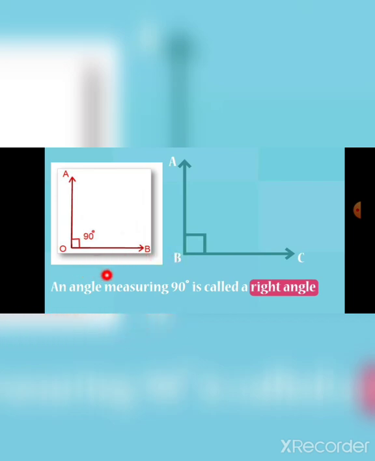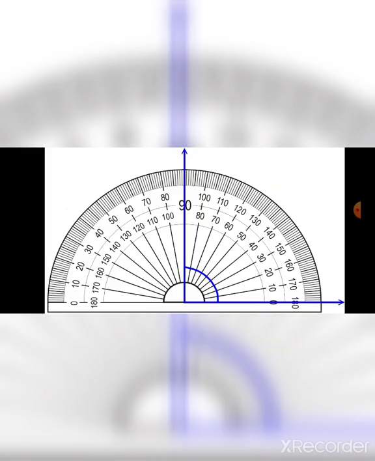An angle measuring 90 degree is called a right angle. So this is how the right angle looks. Now let's see on the protractor. Now the sleeping line's end point, the center point of the protractor is kept, and the 90 degree is measured.